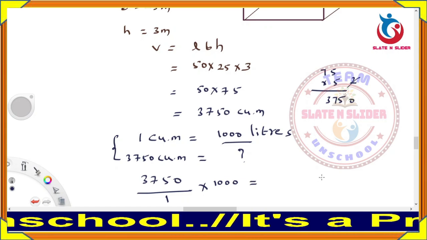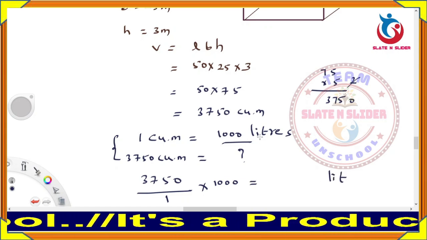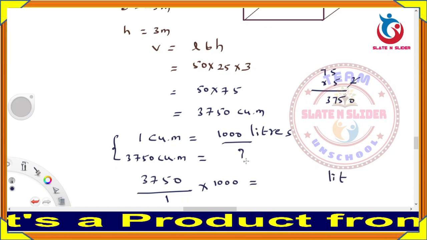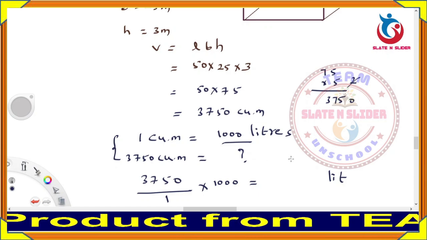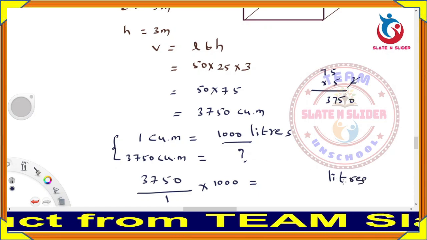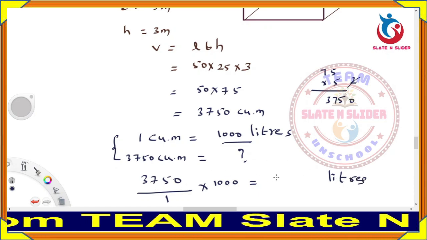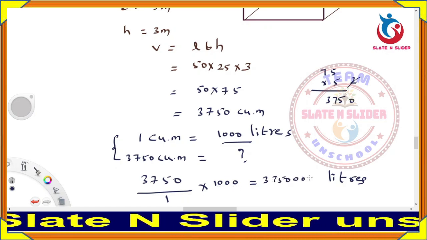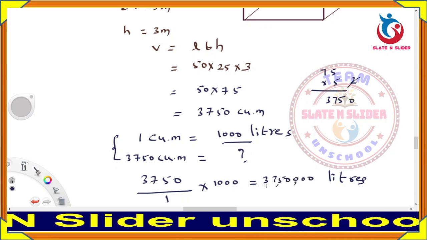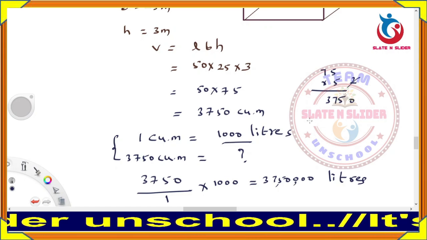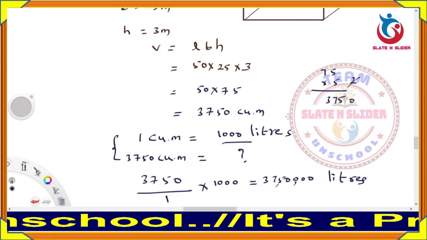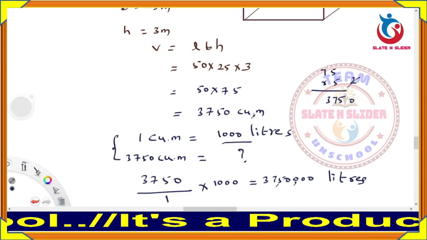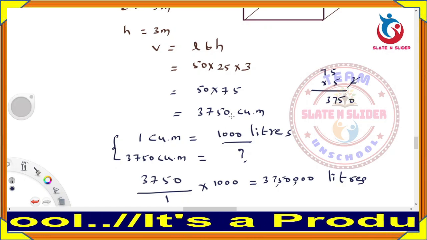The answer will be in liters, because we are finding the liters itself. That is why I have kept the question mark below the liters. So 3750 into 1000, it will become 3750 and 3 zeros. This is 37,50,000 liters. So like this we have to convert. Thank you.